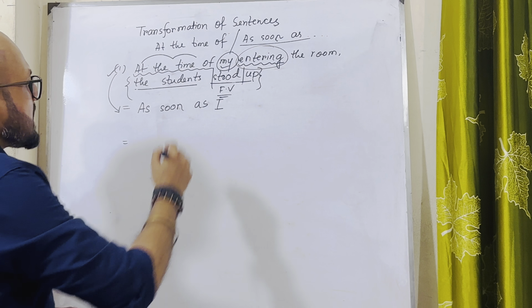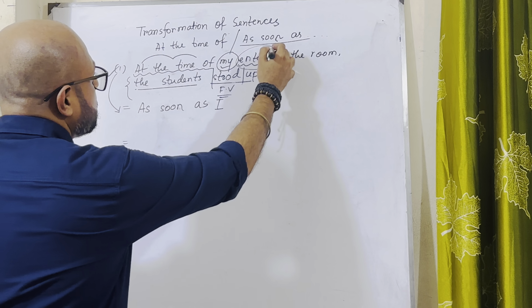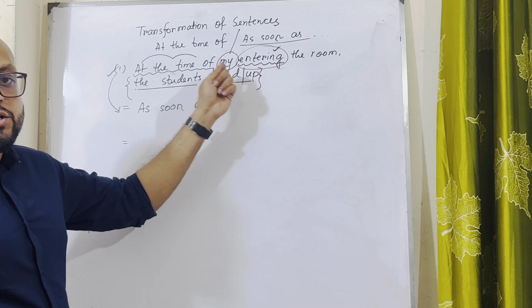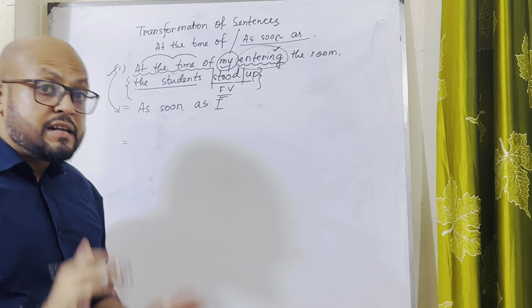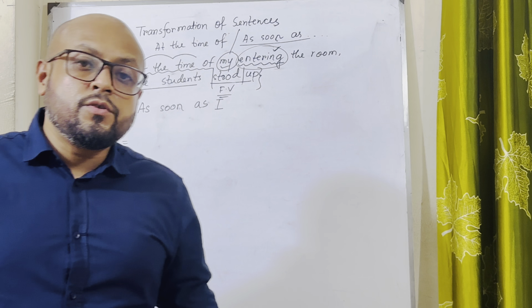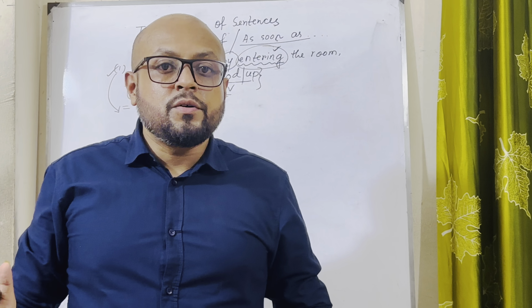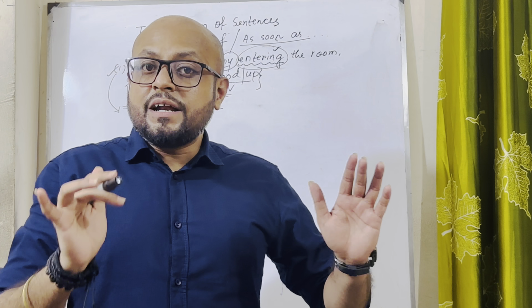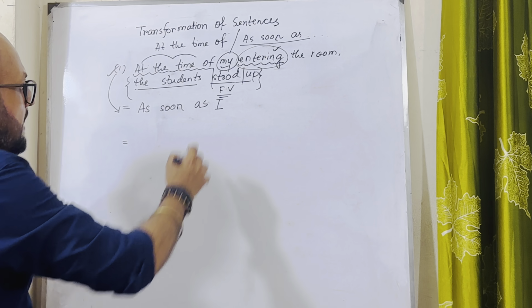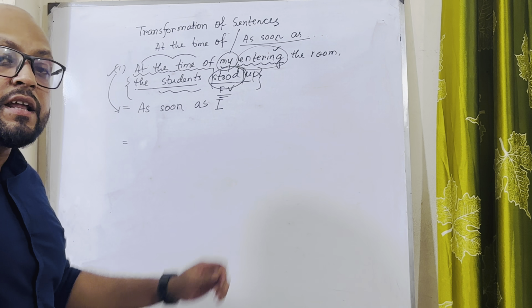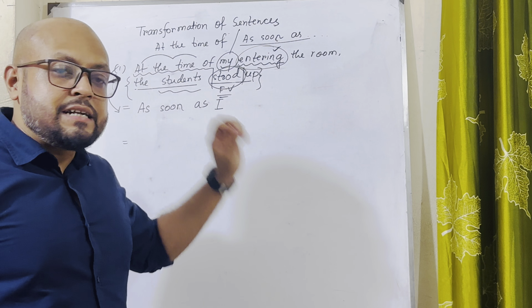After the subject, I need to make the non-finite form of this verb into a finite form. And now the most important thing is you need to select the proper tense, according to the finite verb that is given in your simple sentence.